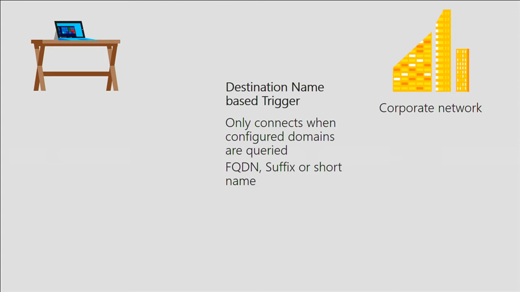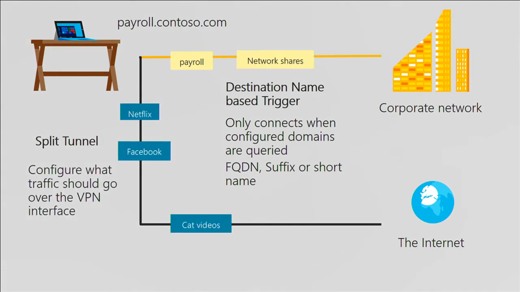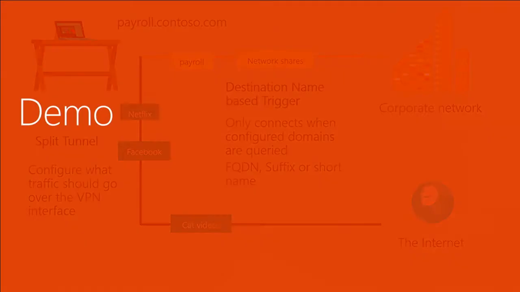So for example, if you configured .contoso.com as your suffix in the name-based trigger list, and your user goes to payroll.contoso.com, the VPN tunnel will get established. We also continue to recommend using split tunnel in order to separate the two types of traffic, both corporate traffic and private. So let's see a demo of this one.